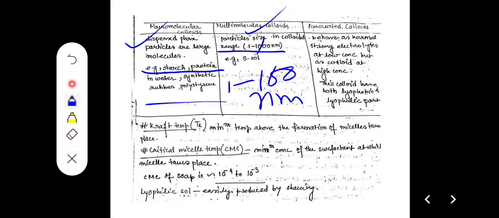Now we consider associated colloids, which behave as normal strong electrolytes at low concentration.